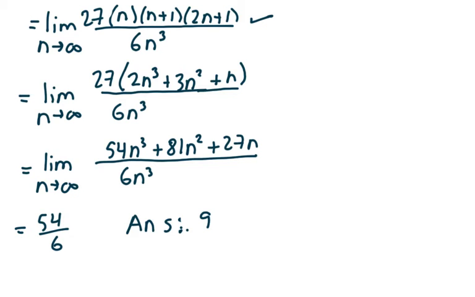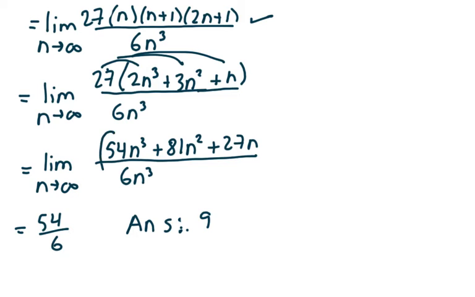And so I multiply (n plus 1) times (2n plus 1) first. And this is what I get. I get 27 times the quantity 2n cubed plus 3n squared plus n over 6n cubed. And then I distribute the 27 in, and I get the limit as n goes to infinity of 54n cubed plus 81n squared plus 27n over 6n cubed.